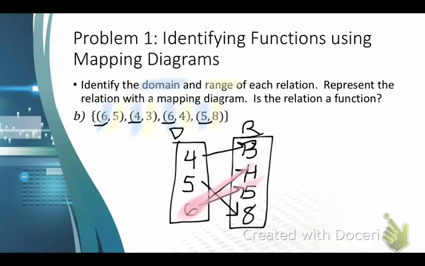Another way to think about this: when you first learned about functions in previous years of math, you sometimes may have heard a teacher refer to a function machine or some kind of function equation. So when you put the number 6 in for x, the reason that this is not a function is because the mapping diagram that we have shows that one time when you plug 6 in for x, you got the answer of 4, and a second time when you plugged 6 in for x, you got an answer of 5.